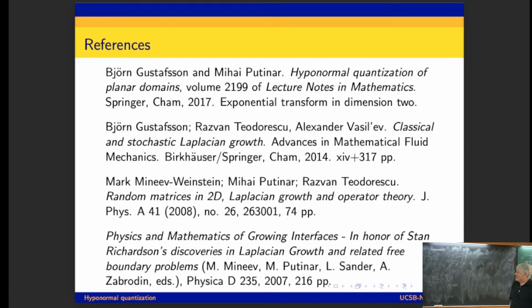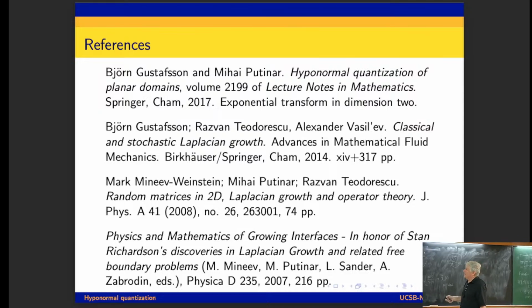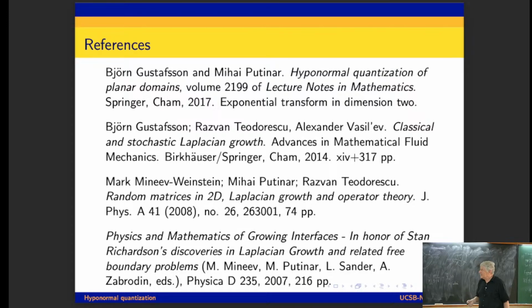And here are some basic references. We put, let's say, partial observations, it is not a monograph, in these lecture notes a few years ago. It contains quite a few of the materials I mentioned, more recent, and applications.